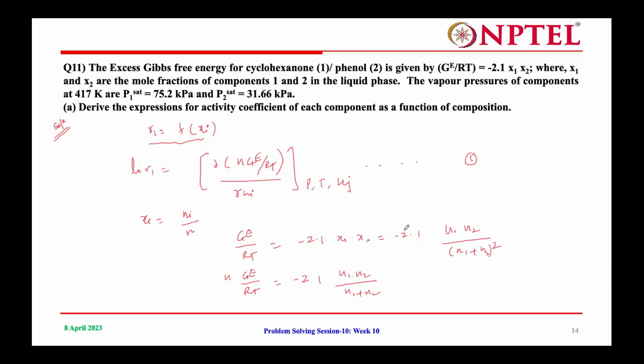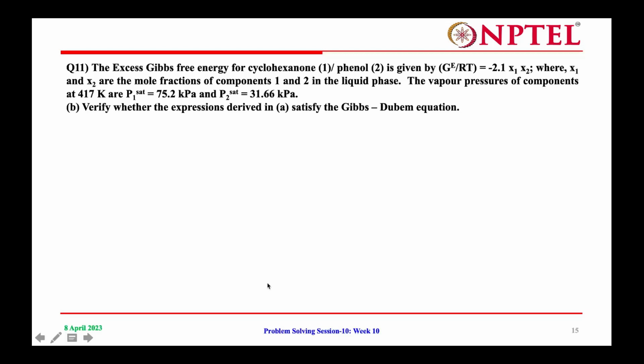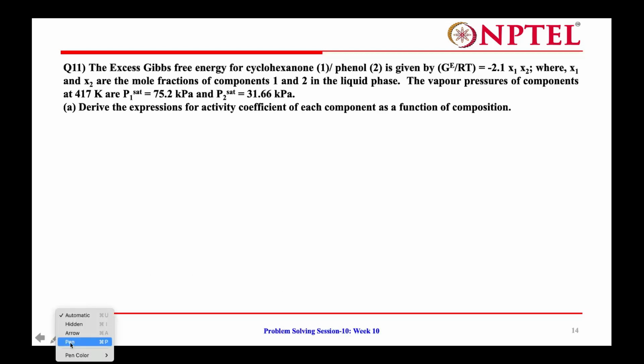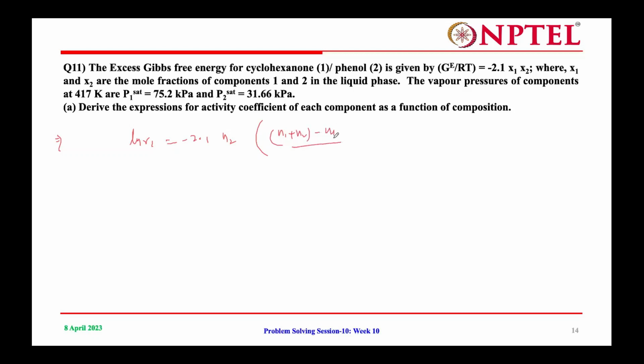Now put this value in this equation and differentiate by d n i. Sorry, d n i. So ln gamma 1 equals minus 2.1 times (n plus n2 minus n1) over n, right?